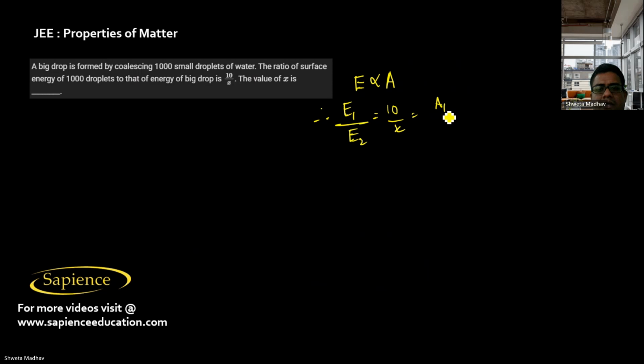That means it is the ratio of the surface area of the droplets, A1 being the total surface area.